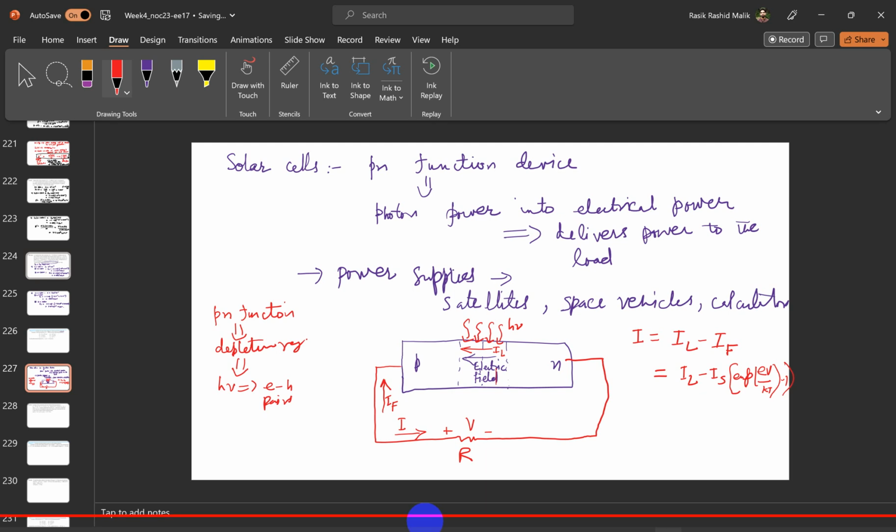When IF flows, the magnitude of the electric field decreases, but it does not go to zero, or change direction. So the photo current will always be in the reverse bias direction.